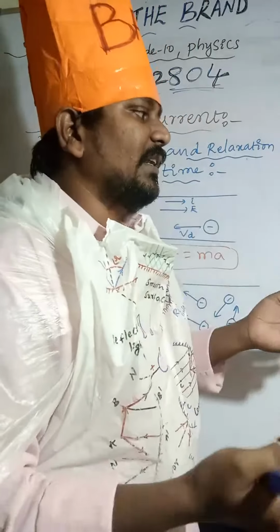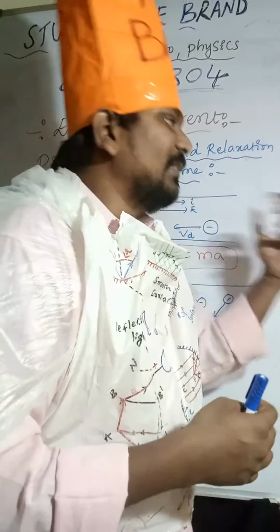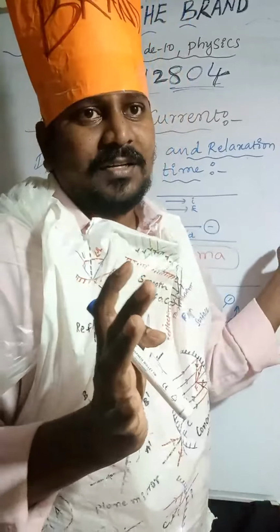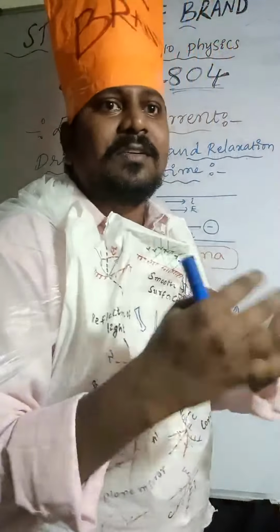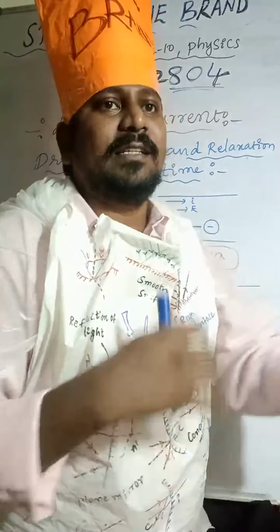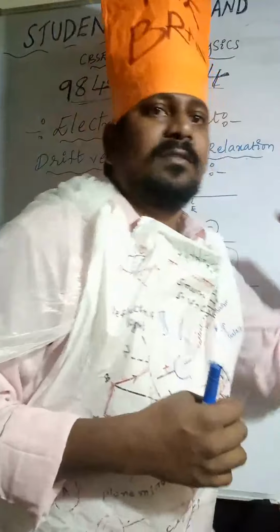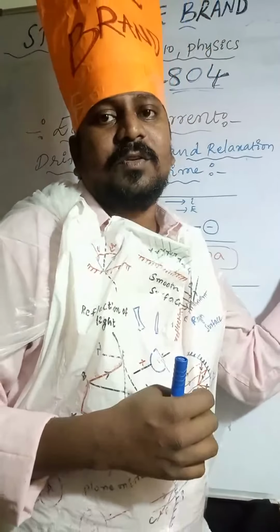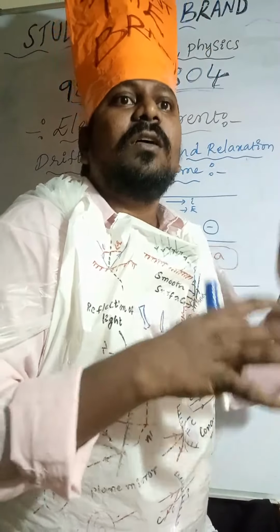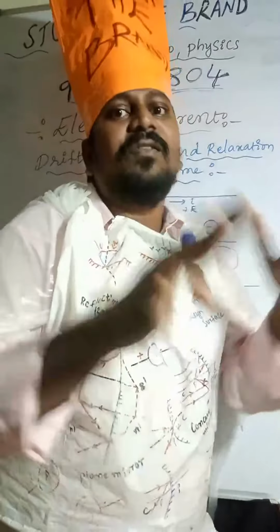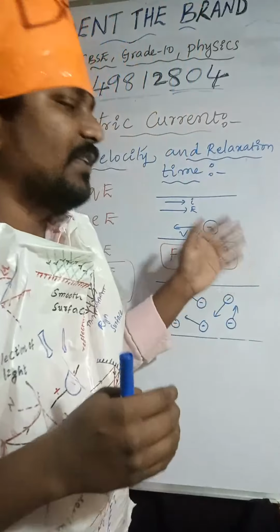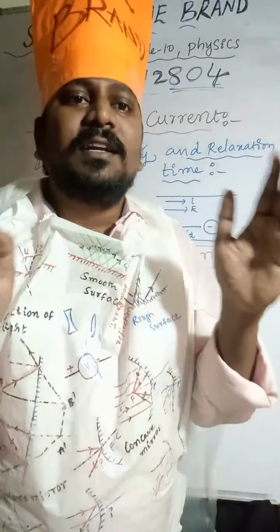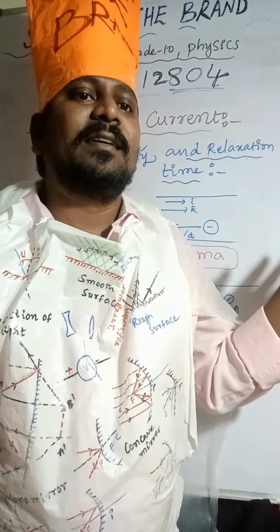My velocity decreases. After that, another electron's velocity also decreases, yes or no? If I hit this electron, it will move with a different velocity. If it hits another electron, that electron also moves with a different velocity. So the combined average velocity of an electron moving in the conductor is called drift velocity.